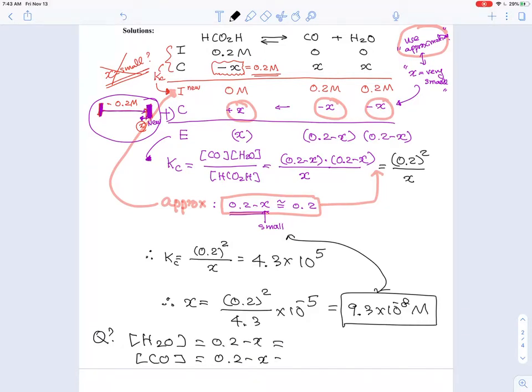And you have calculated the x value here, and it is very small, so actually we don't need the whole calculation. We can just use the fact that Kc is really large. So 0.2 molar, 0.2 molar. Compared to 0.2, this number is really small. So actually, this is the answer.